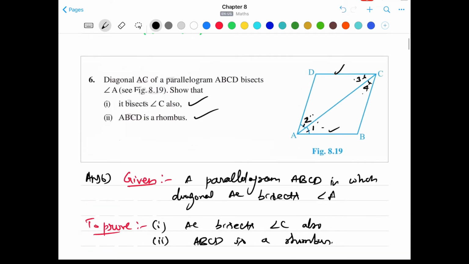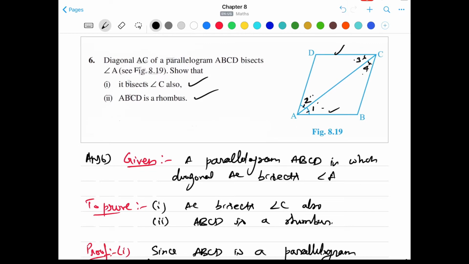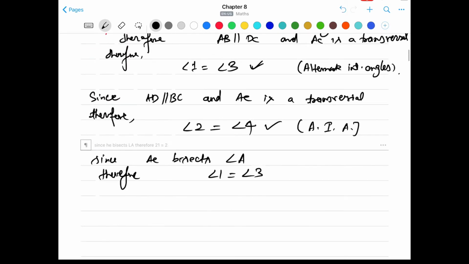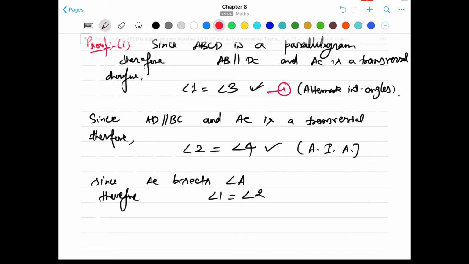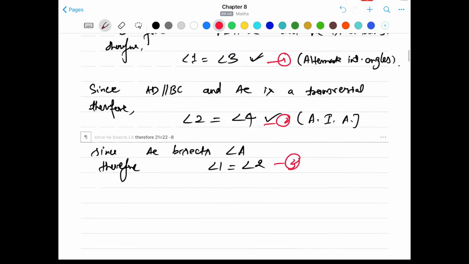As it is given in the question that AC is bisecting angle A, angle 1 will be equal to angle 2. So from here we got three equations. Let's name them equation number 1, equation number 2 and equation number 3.